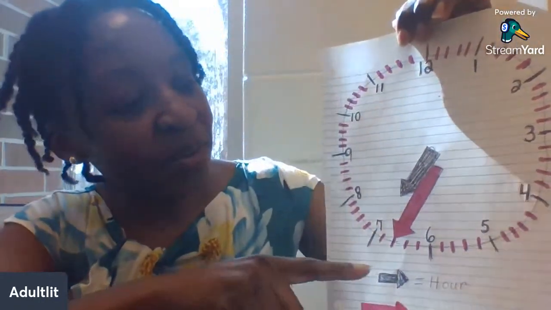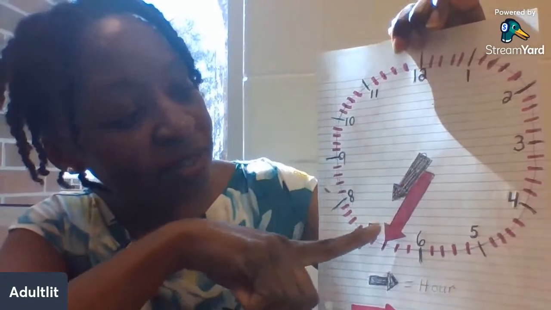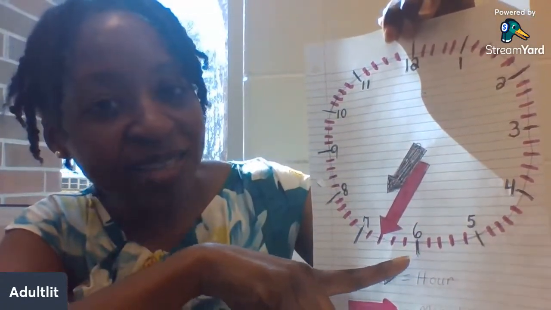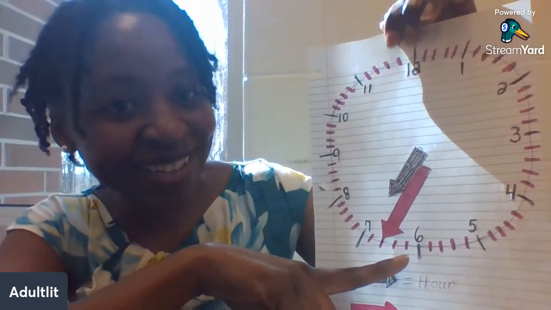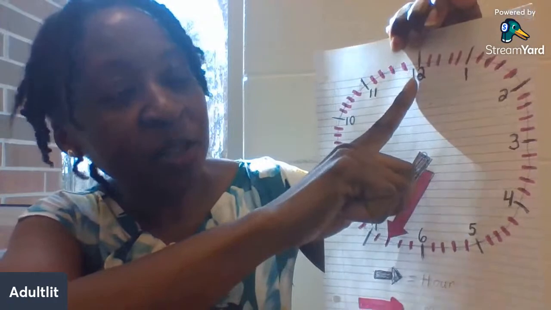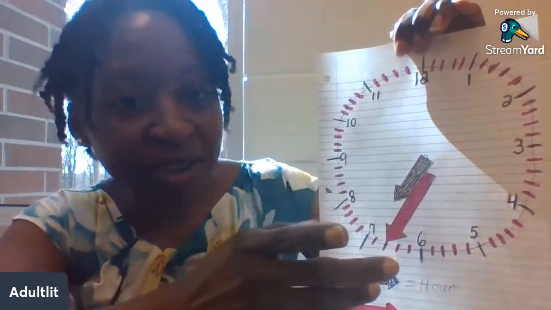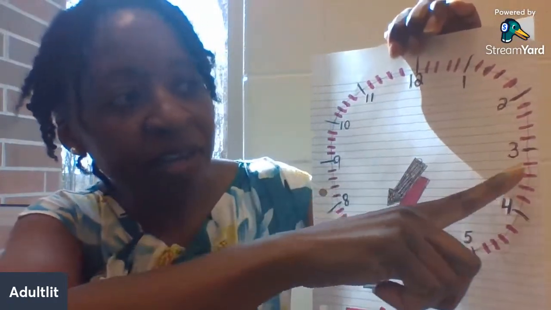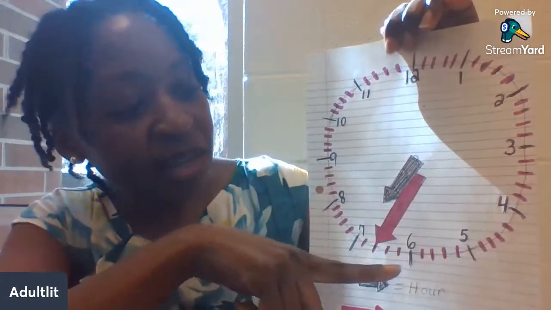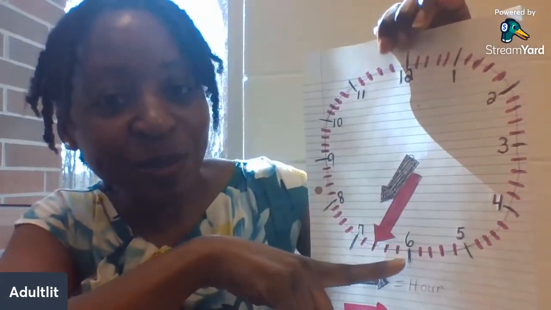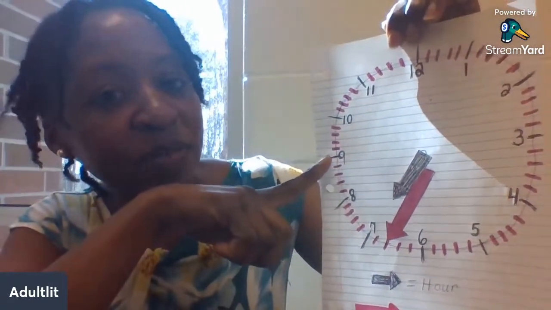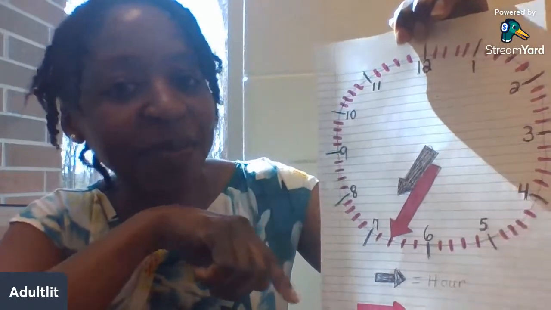Okay, so the hour hand is on the 7, so that's the hour. It is 7, and we know that the 6 represents 30 minutes, right? Automatically. The 12 is right at the o'clock, right at the top of the hour, if the minute hand is there. If the minute hand is on the 3, it's always 15 minutes after. If the minute hand is on the 6, it's always 30 minutes. If the minute hand is on the 9, it's always 45 minutes, okay?